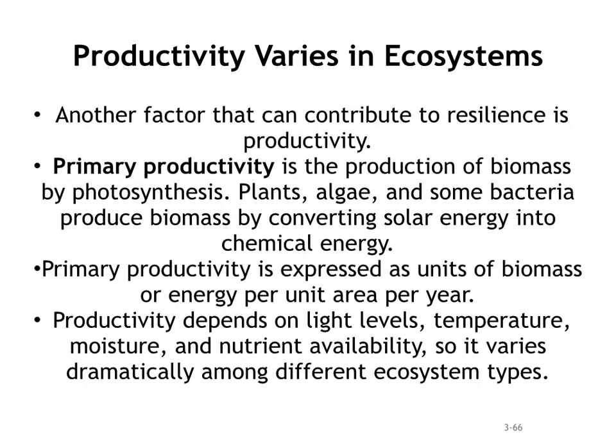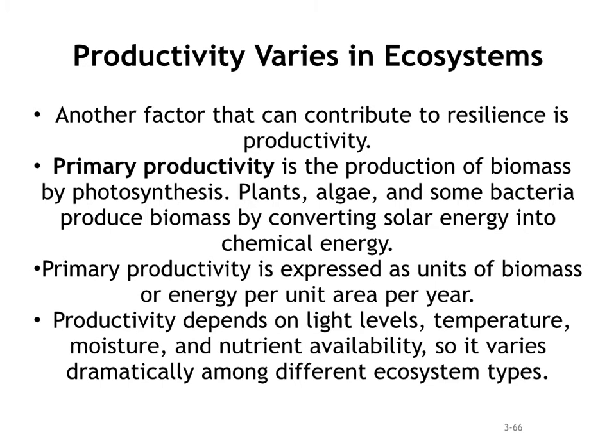Another factor that can contribute to resilience is productivity. Primary productivity is the production of biomass by photosynthesis. Plants, algae, and some bacteria produce biomass by converting solar energy into chemical energy, which they use or pass on to other organisms.